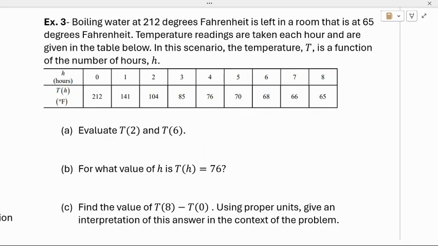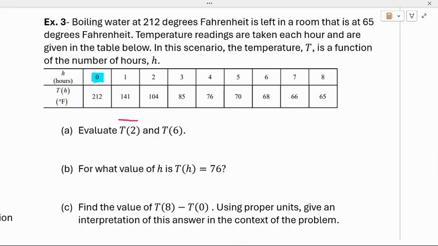So some things that I want you to notice in the table. Notice when I first take my boiling water off the burner, stove, whatever, time is 0 and the temperature is 212. That's where we started. After 1 hour, the temperature went down to what? 141. After 2 hours, the temperature was? Okay, so that's how we read the table.